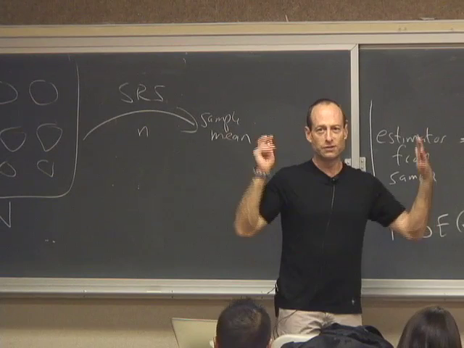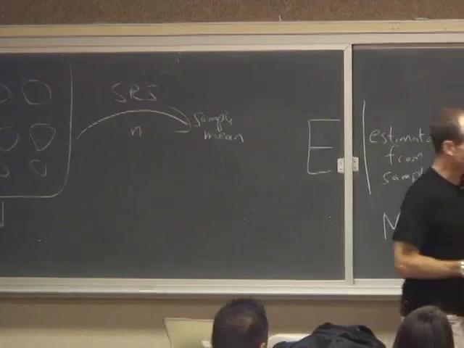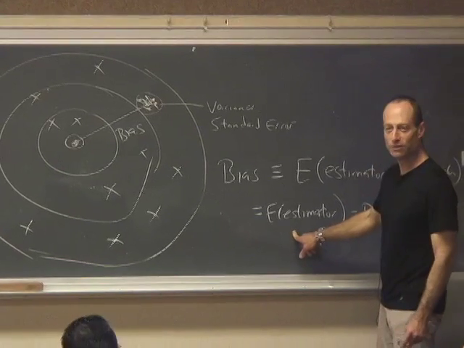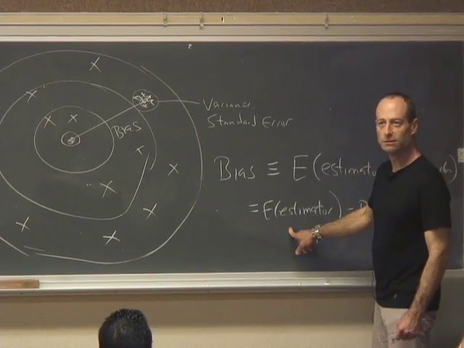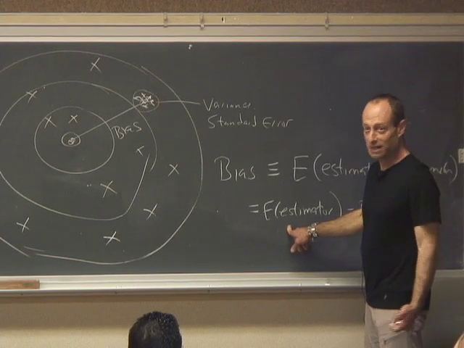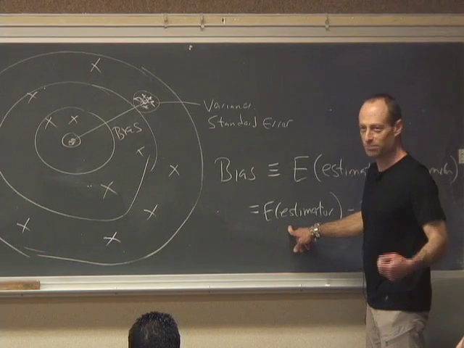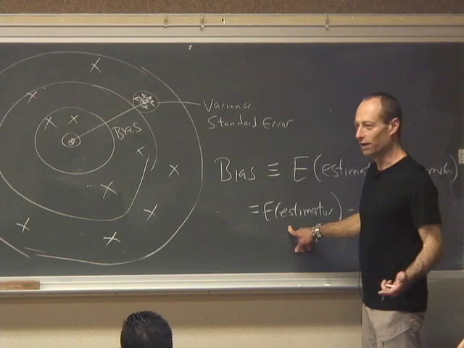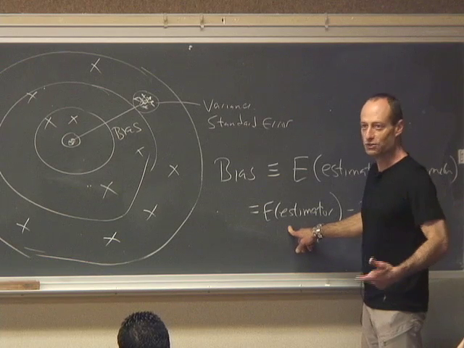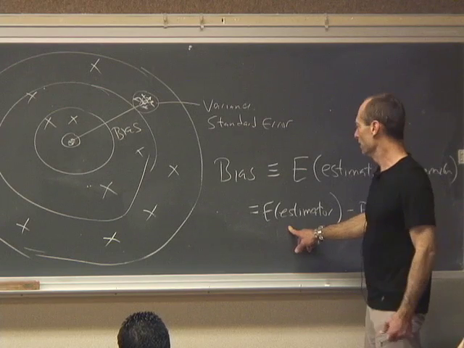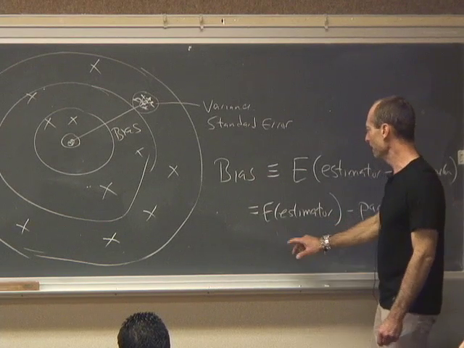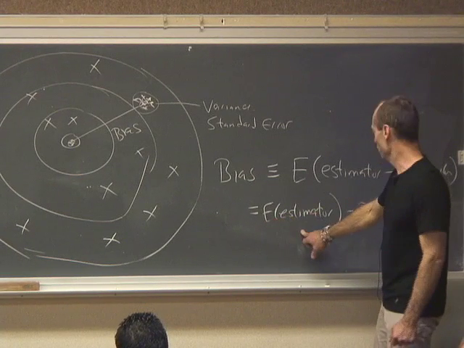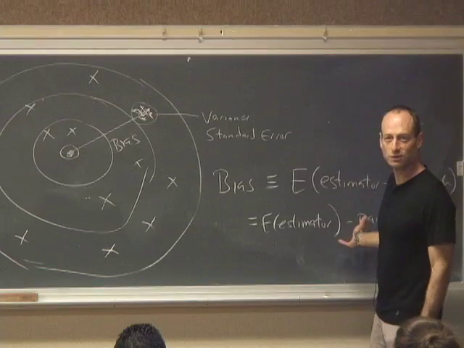If we're using the sample mean as an estimate, so if we're trying to estimate the population mean, and we're doing it using the sample mean, what's the expected value of the estimator? It is the population mean, right? Because the expected value is the average of the numbers in the box, right? The expected value of the sample mean of a simple random sample or a random sample with replacement is just the mean of the numbers in the box. It's the population mean. So the bias of the sample mean as an estimate of the population mean is 0 because the expected value is the population mean and the parameter is the population mean. Those things just cancel, right?